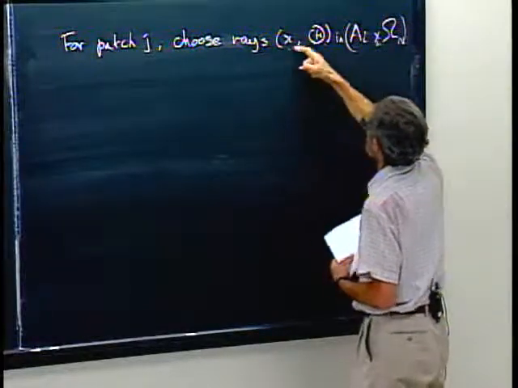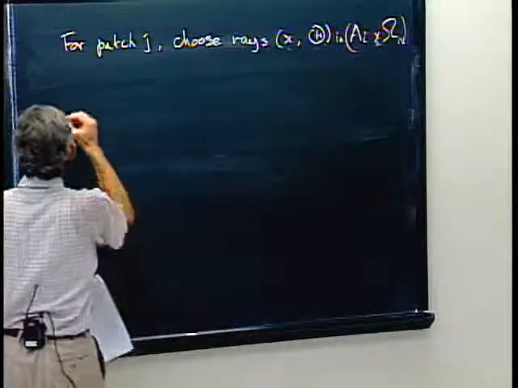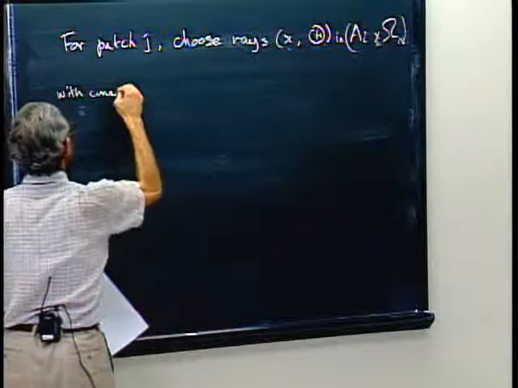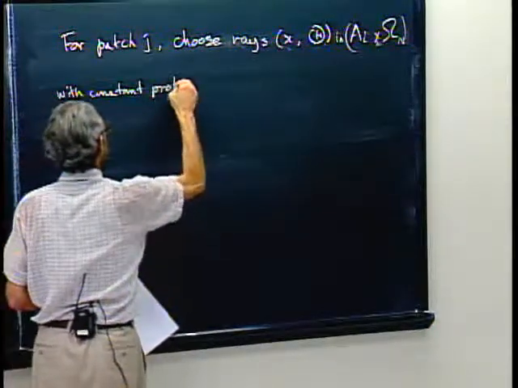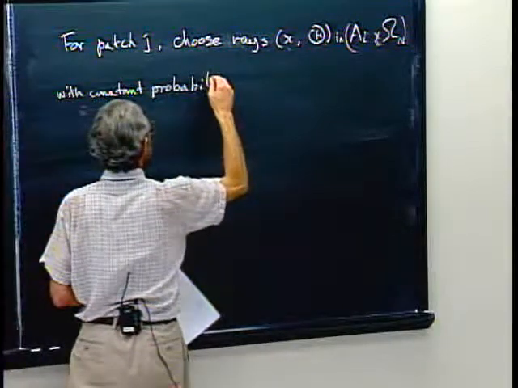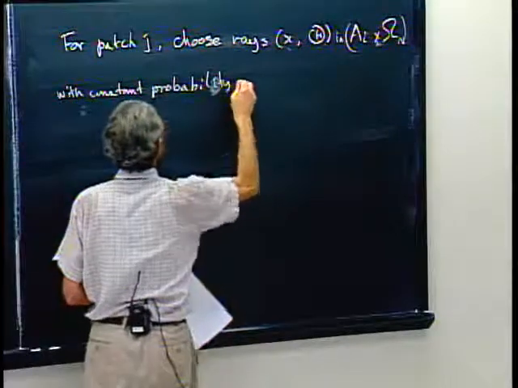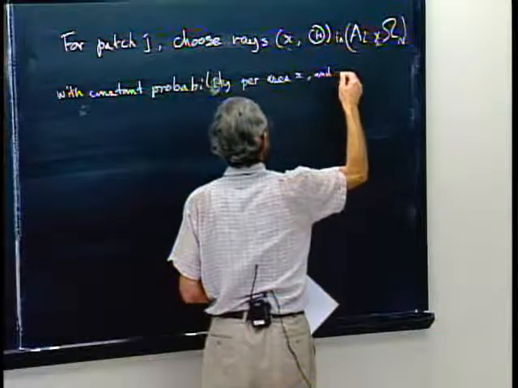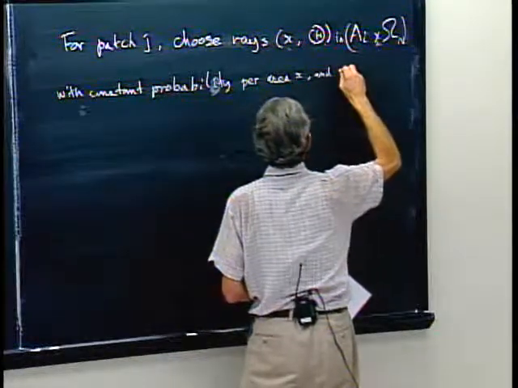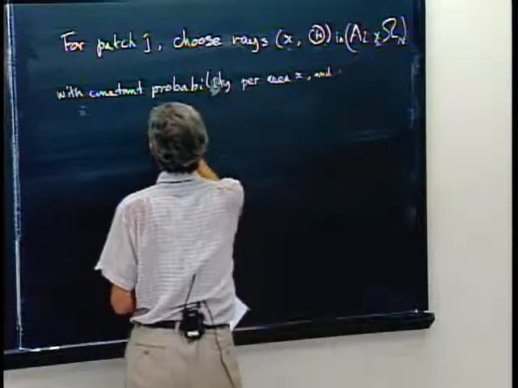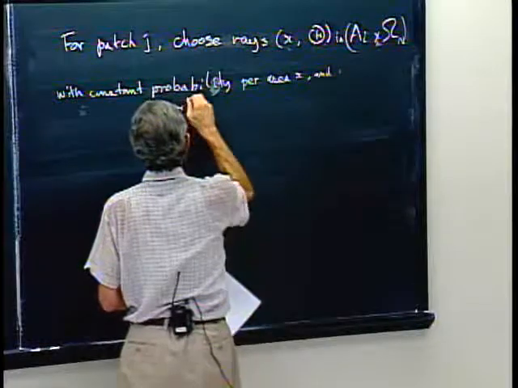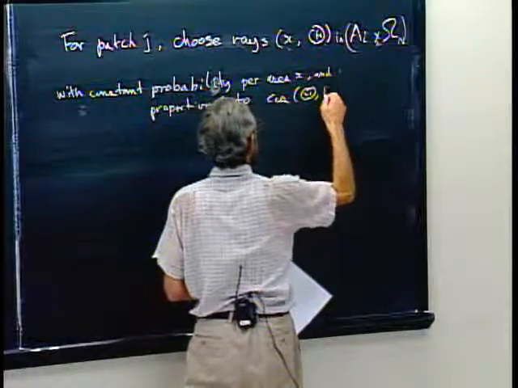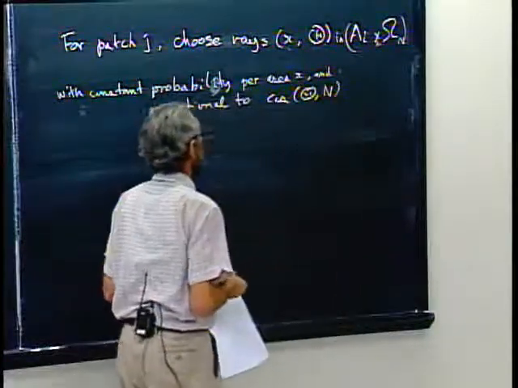I guess this is where they are. With constant probability per area x, it's basically proportional to the cosine of the ray direction and the normal and to the patch.